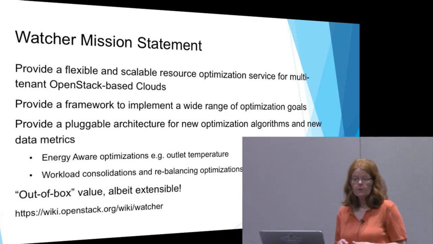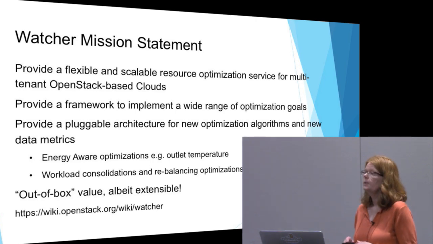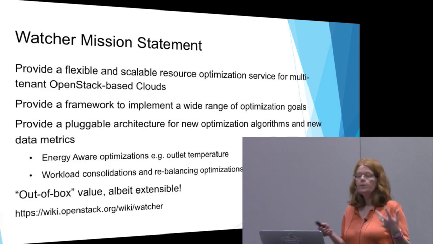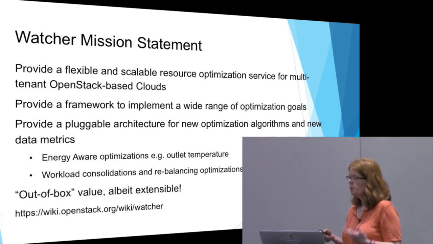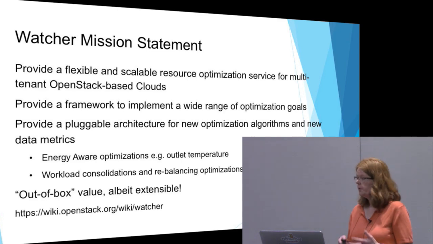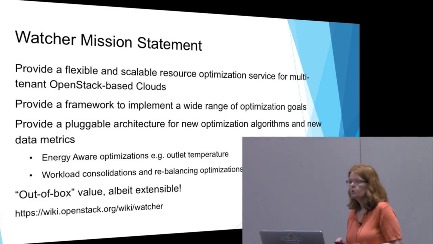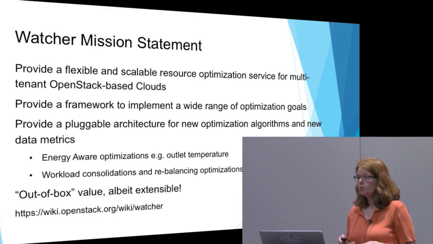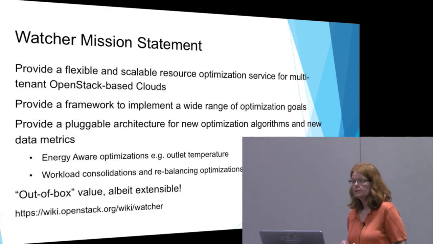And one of the important things here is that because it's an OpenStack project, soon to be under the big tent, a lot of people are now coming in and contributing their use cases. The more operators running large-scale clouds, or even small large clouds, who want to rebalance their workloads, the better the use cases.